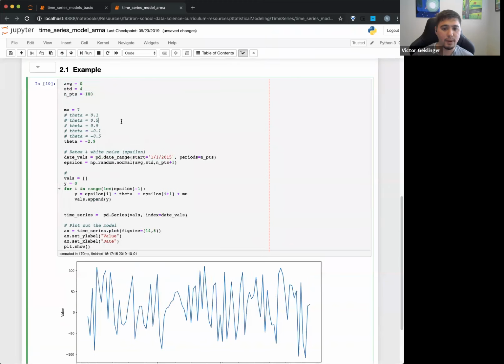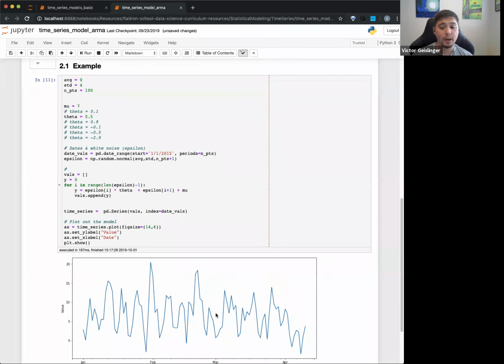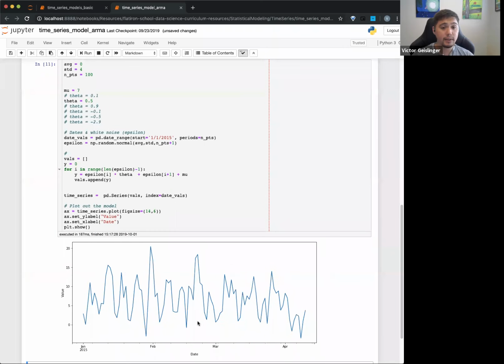And then if we have more positive, let's get rid of this. Okay, so we have something a little more positive. You can basically have more autocorrelation, where it's not really oscillation, but the previous points are more likely to stay at a high point to begin with. But note that it's still based off of the noise itself. So if we tend to go downward, we're going to continue going downward.